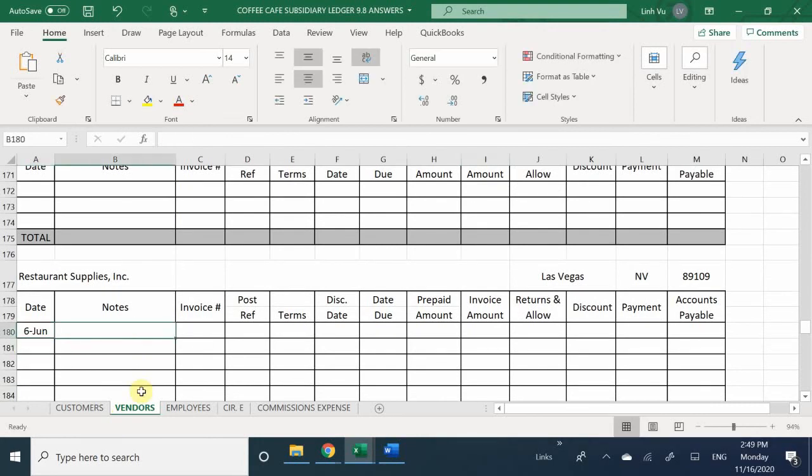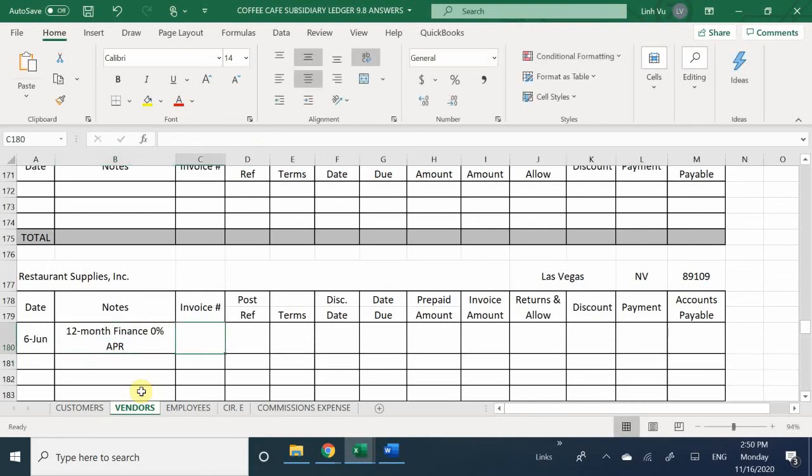Here, you're also going to make your note for your 12-month 0% APR. Okay, invoice number.